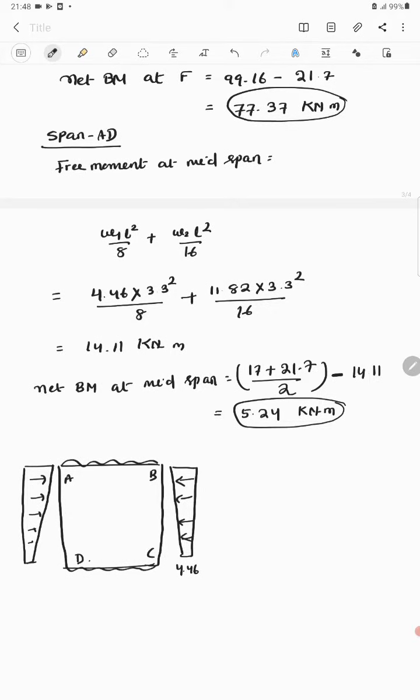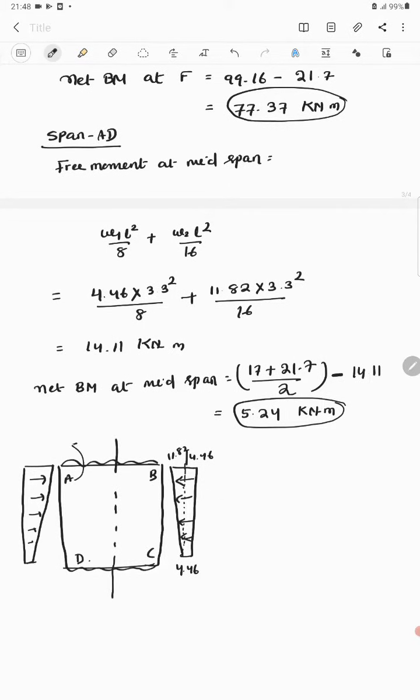This is the resultant distribution of pressure. This is 4.46, and here this is 4.46 plus 11.82. So this is 4.46, this is 11.82.